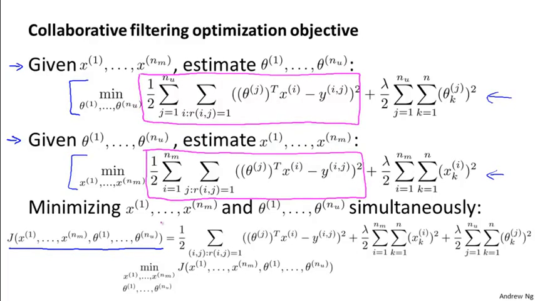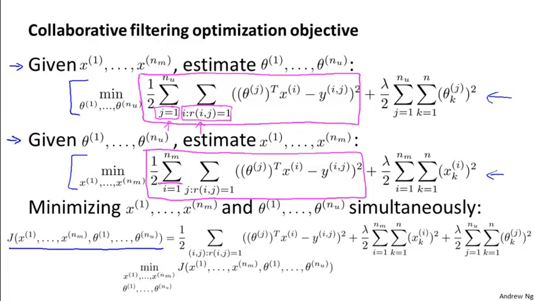The summations look a little bit different, but let's see what the summations are really doing. The first summation is sum over all users j, and then sum over all movies rated by that user, right? So this is really summing over all pairs (i,j) that correspond to a movie that was rated by a user. It's a sum over j, says for every user, sum over all the movies rated by that user.